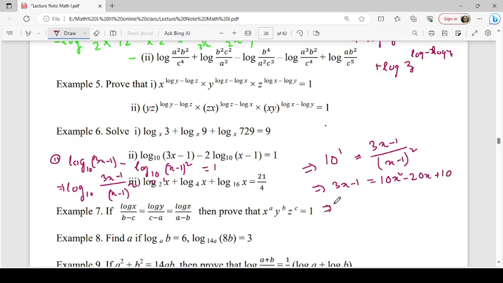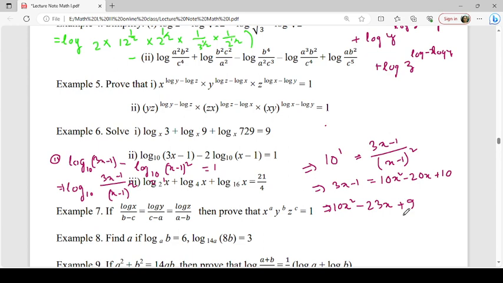This implies 10x square minus 23x plus 11, sorry, not 9, it is 11, is equal to 0.